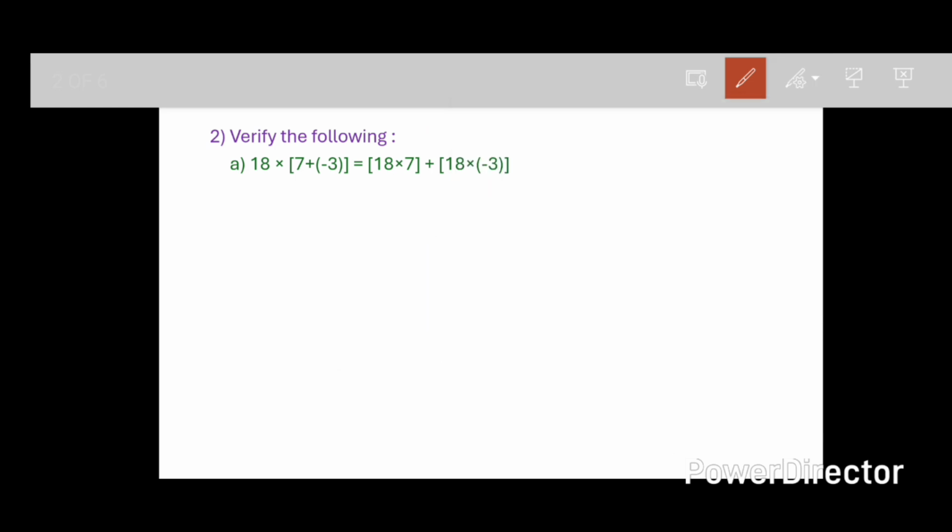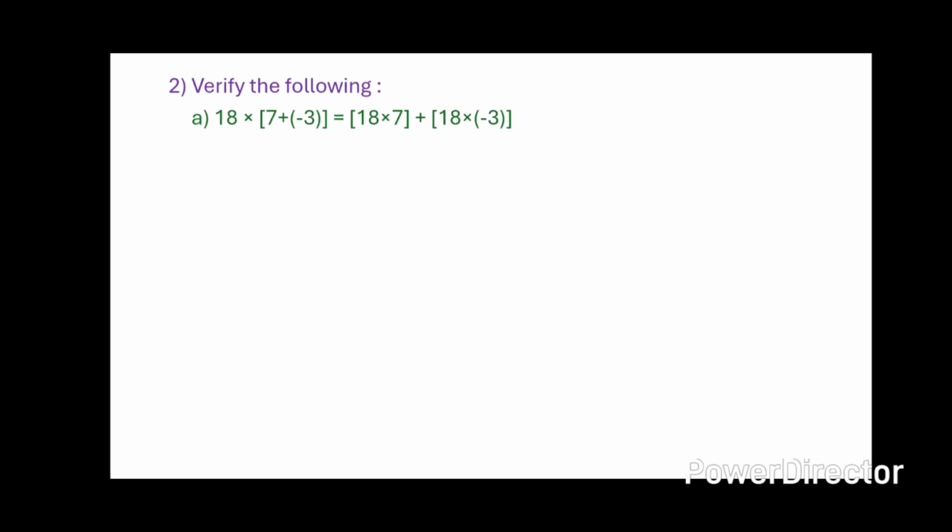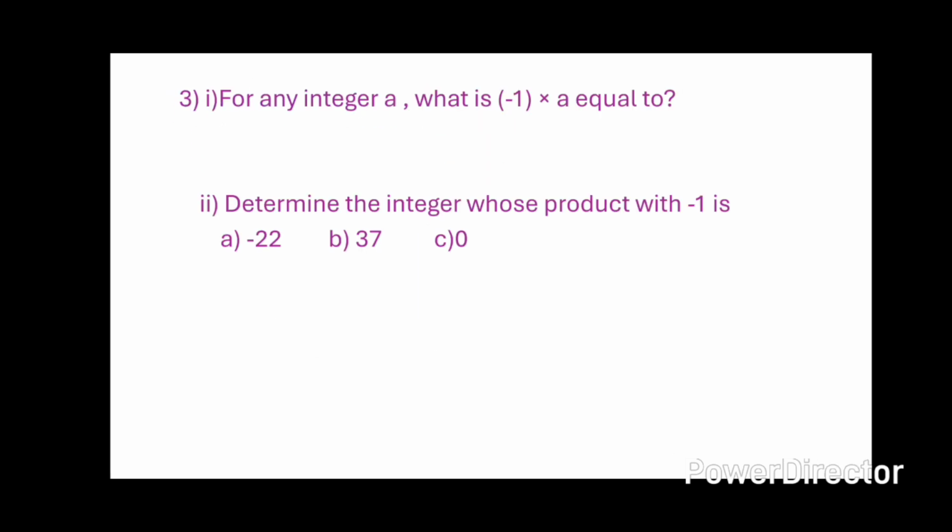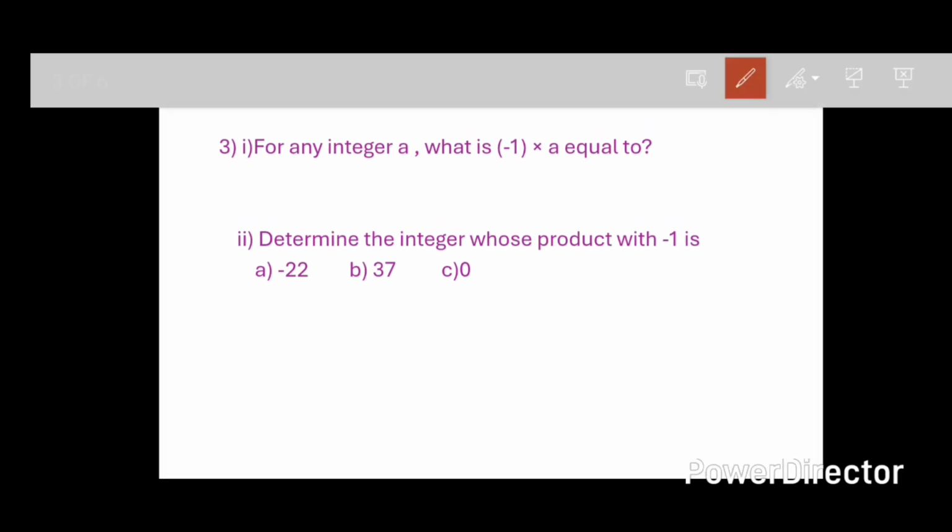Okay. Yes. Next we should see the next third main. Now in the third main, the question is for any integer a, it is in general. Okay, a means in general a. What is minus 1 into a equal to? Means we should find the product of minus 1 and an integer a. What is the product? Let me see. If we multiply integer to 1, we will get the same integer.